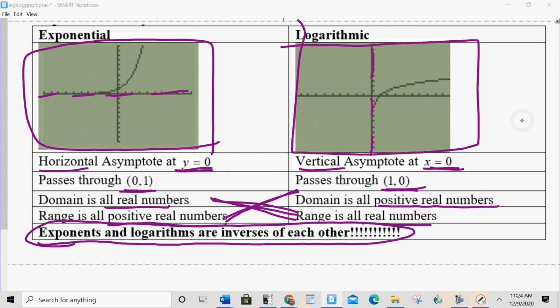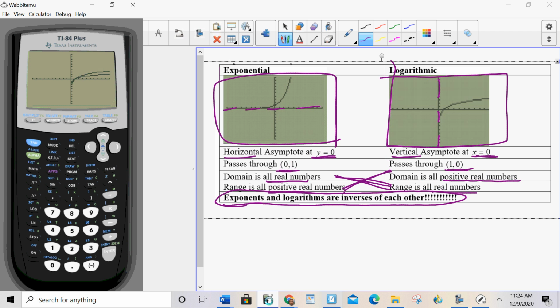And if I go back to my calculator and I type in an exponential and a logarithmic, 2 to the power of x, and then log base 2 of x. We mentioned it briefly, I believe. Yes, we did mention it when we did the inverse lesson.